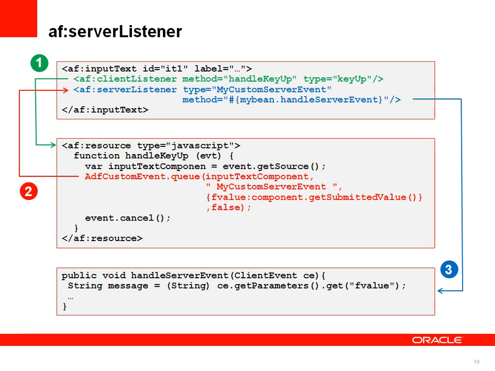On the server there is a method handle server event, and the handle server event has a single argument of type client event. From this client event I can get access to the parameters, and in the example I'm accessing the property f_value that I pass with the submitted value of the input text field, and then I can just print the message. So this is how you call to the server.